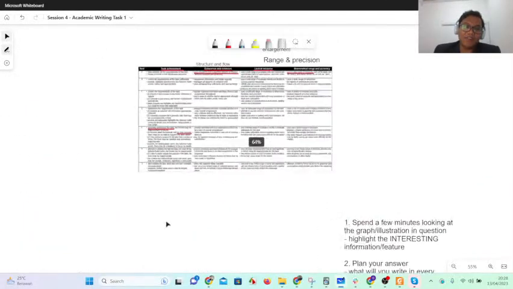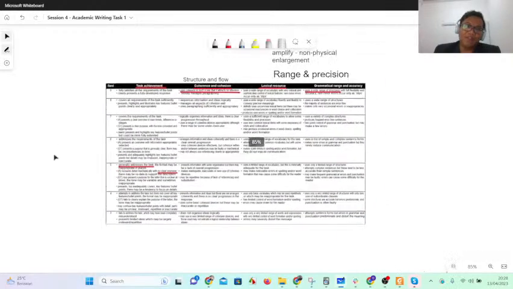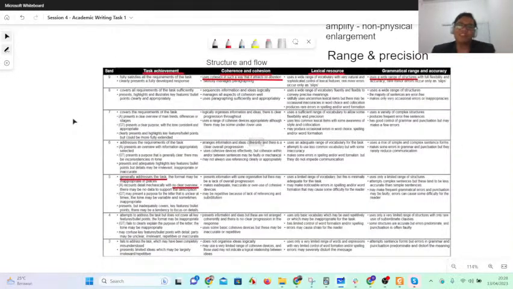First things first is the task fulfillment. Now I know usually when it comes to task achievement, we need to look at the answer in its entirety, but this is just for demonstration. For the introduction line, remember the main task for the introduction paragraph is simply to paraphrase the question line, or the introductory line. That's it.